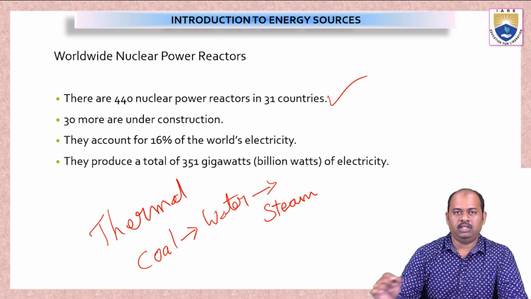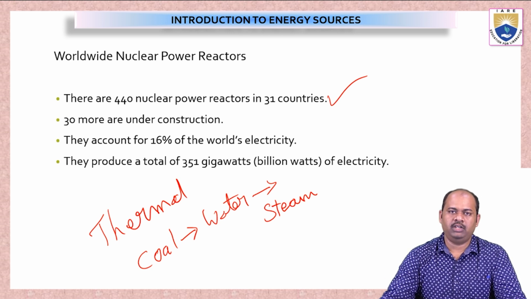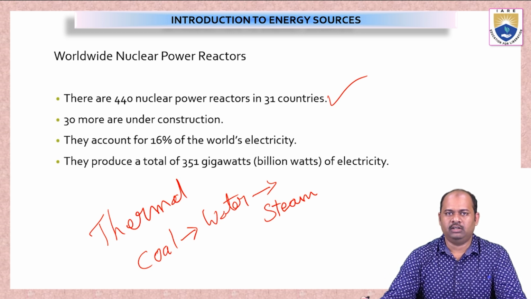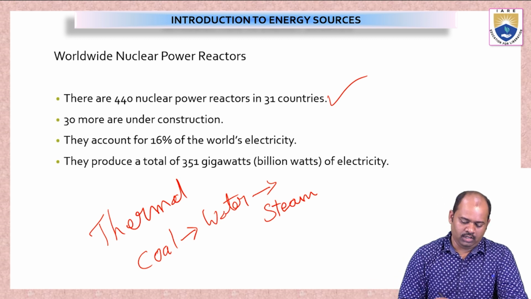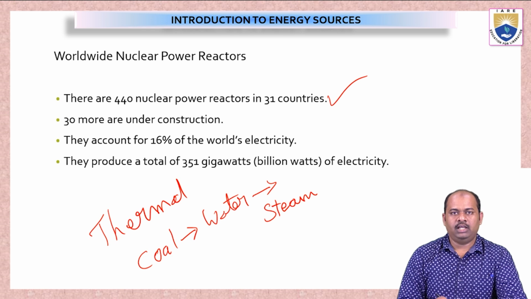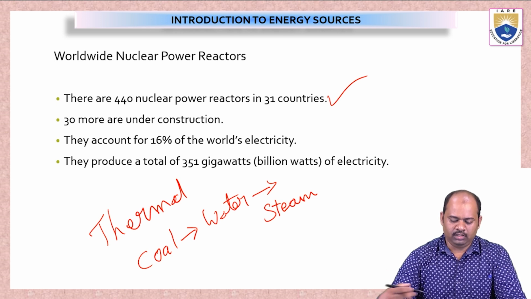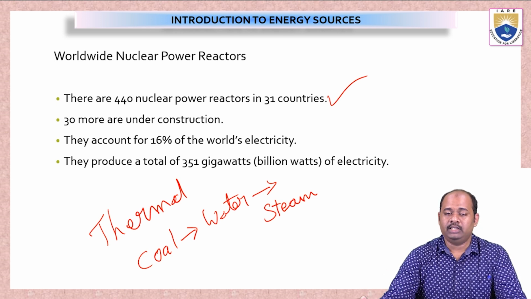What happens is this steam will make the turbine rotate. The turbine, which is in connection with the generator, will produce electricity. This is what generally happens in thermal power plants, where the energy is being supplied by coal.